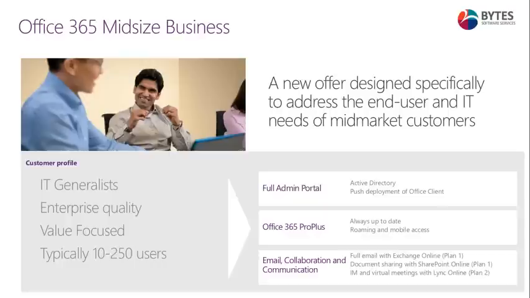So the mid-sized business plan includes full email, so Exchange Online Plan 1, so your email and calendar within Exchange Online. It also includes SharePoint Online Plan 1, so again, the standard features of SharePoint Server within Microsoft's cloud. And then it includes Lync Online Plan 2, which is the instant messaging, presence, and the video and web conferencing features of Lync.